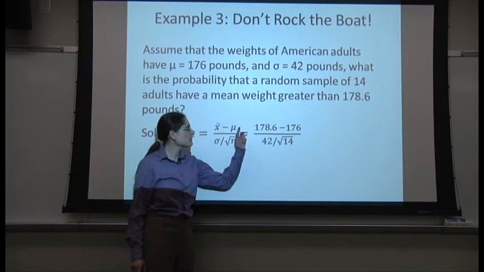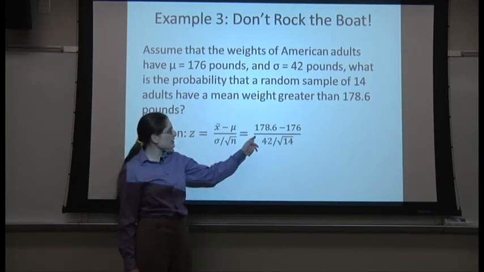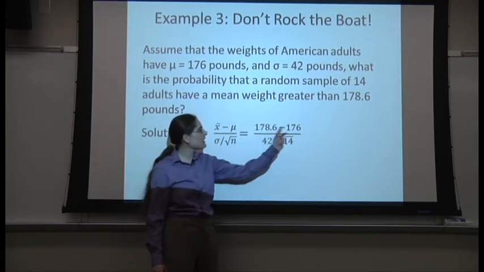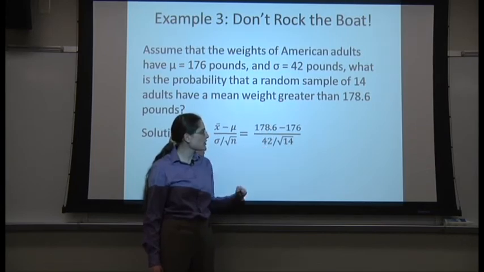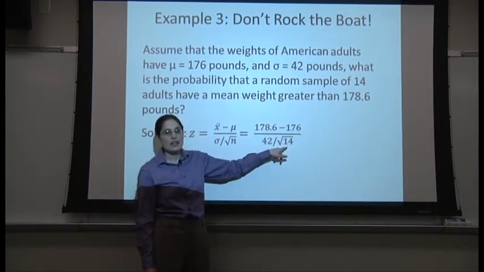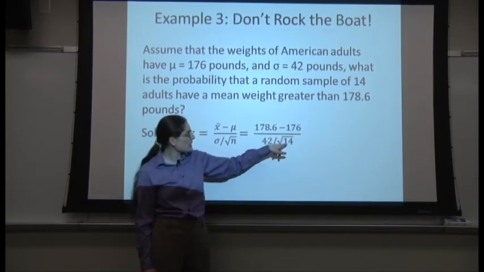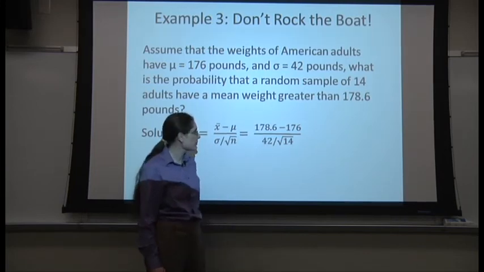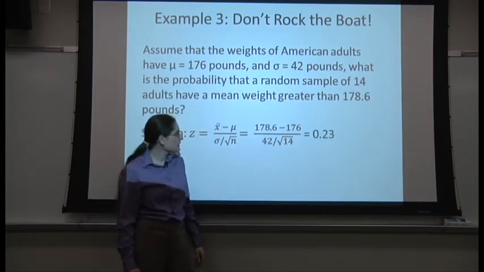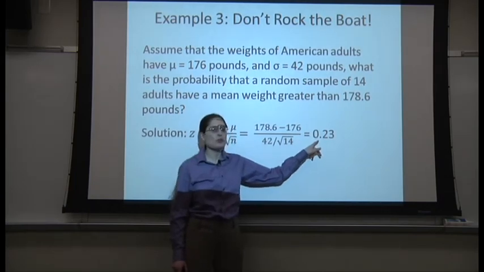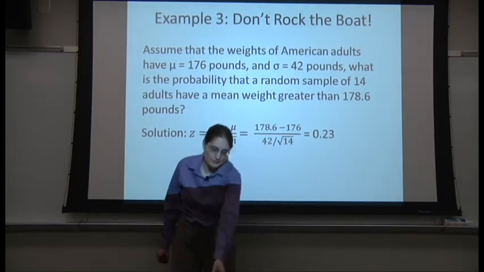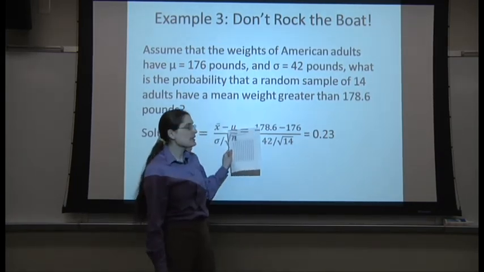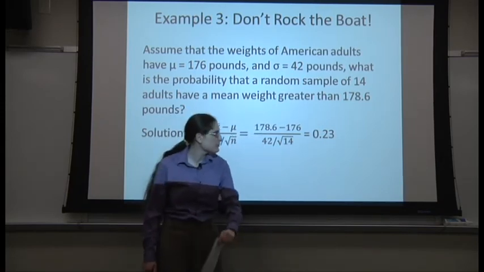So you plug your numbers into the z formula. Once again, these are pretty close together, and your sample size is a whole number. So we get z equals 0.23. Once again, take it to the table.